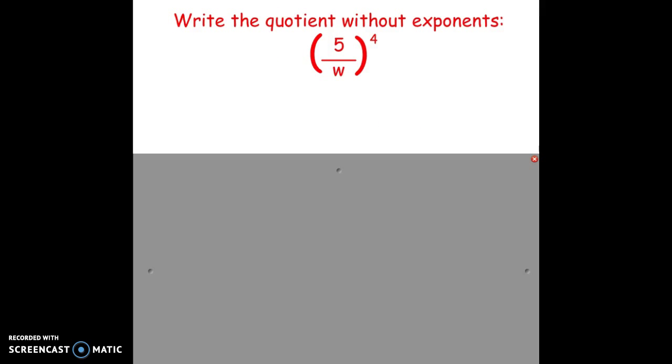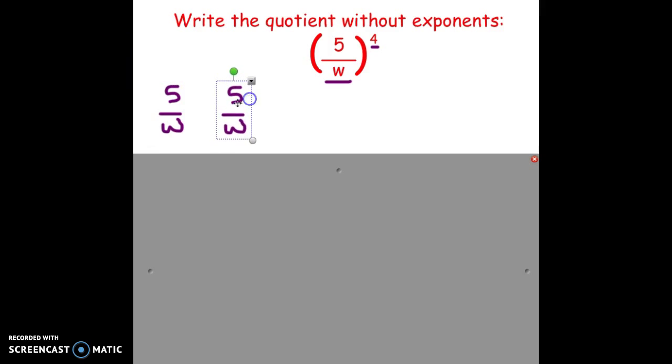Our last rule today, we're writing this quotient without exponents. So I've got this whole bit in parentheses raised to the 4th power, so I'm going to take it times itself 4 times. So I've got 5 over W, and I'm going to be lazy and group this together, copy, paste it.